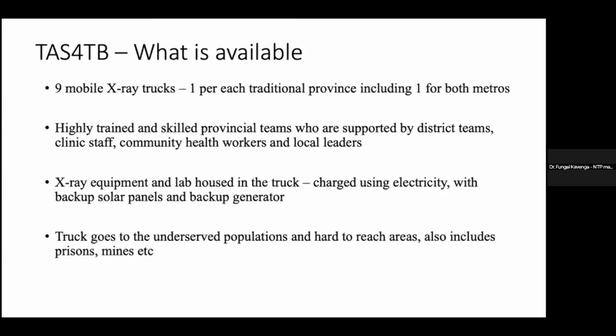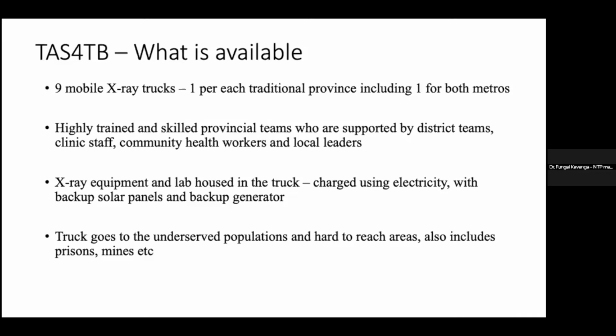So we have distributed at least one truck per province, and each province now has a highly trained and skilled provincial team that is supported by the district teams to implement this intervention. So in each district, a local team comprising nurses, community health workers, local leaders, they join in when the trucks visit the areas.